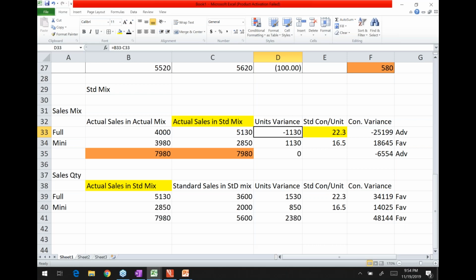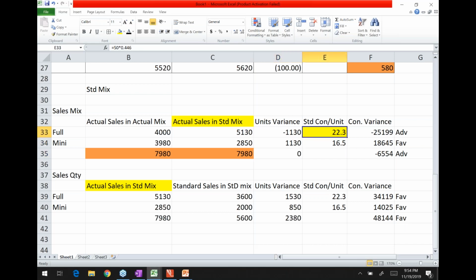The 1130 units of full valid sold less were covered by selling more mini valid. This is interchangeable. People went for less full valids and more mini valids. Are you getting the point? This is interchangeability, when you are selling less full valids and covering by selling more mini valids. That's why the answer is 0.